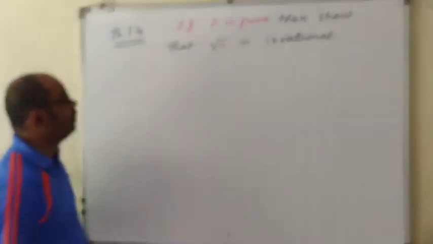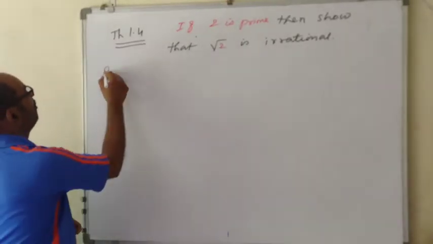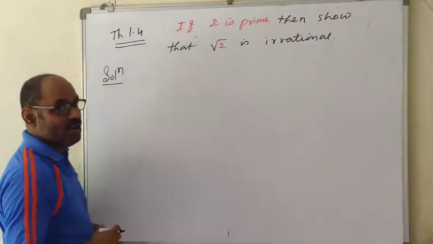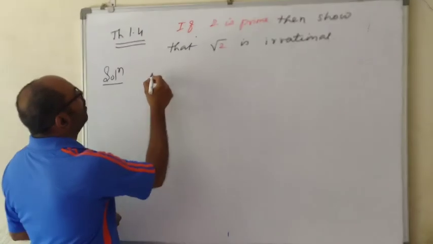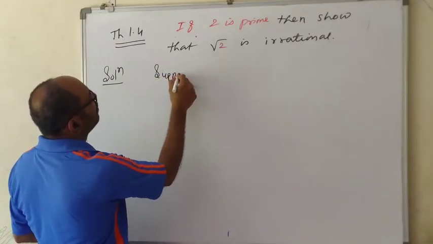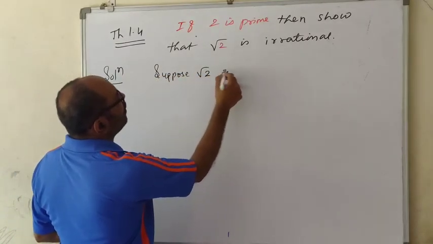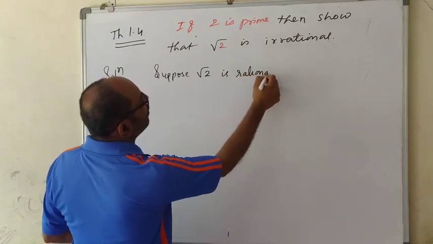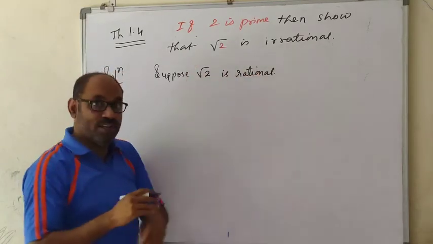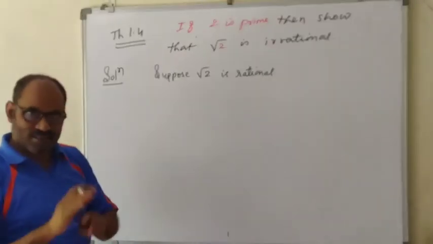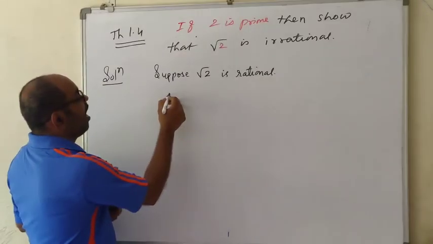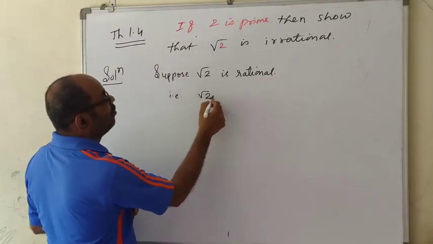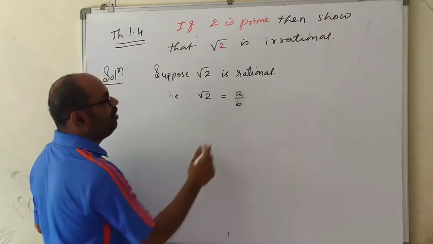Children, fine. Solution. It's tough, children, not easy. Suppose root 2 is rational. Suppose root 2 is rational. Clear that? I.e. root 2 is equal to a upon b.